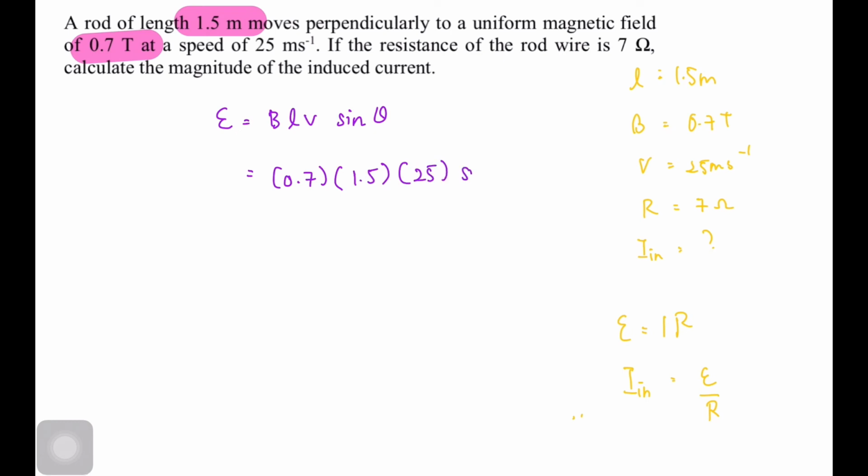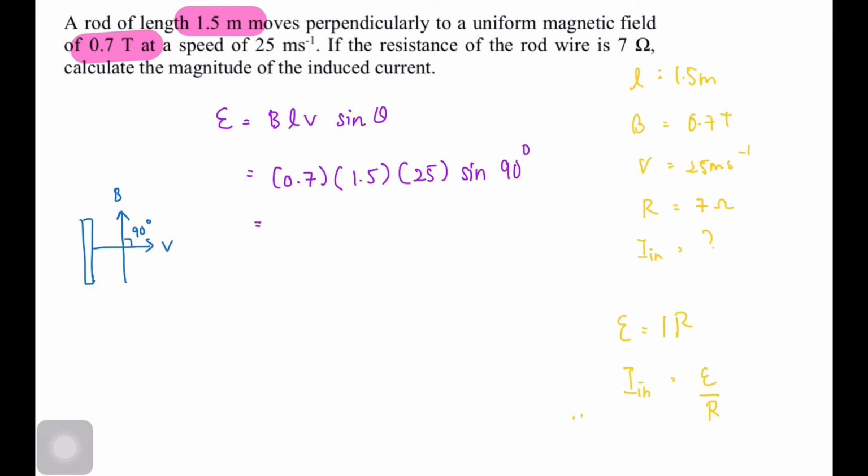How about the theta? Okay, because it states that we have a conductor like this, moving perpendicular to the uniform magnetic field. So if we say it's moving to the right like this, the magnetic field will be perpendicular. So the angle between these two will be 90 degrees. So sin 90.